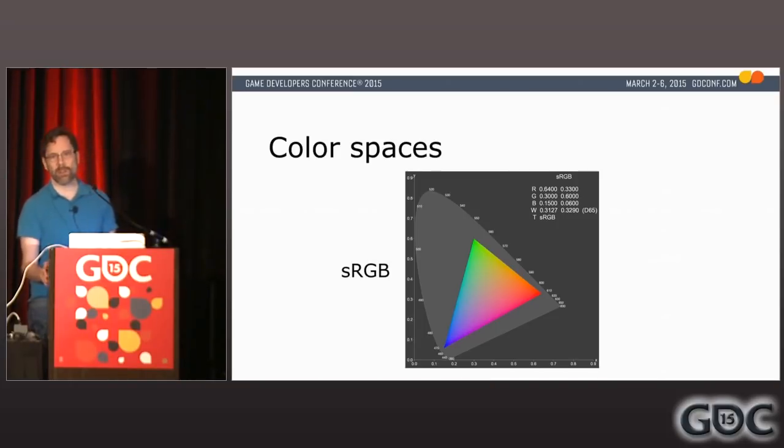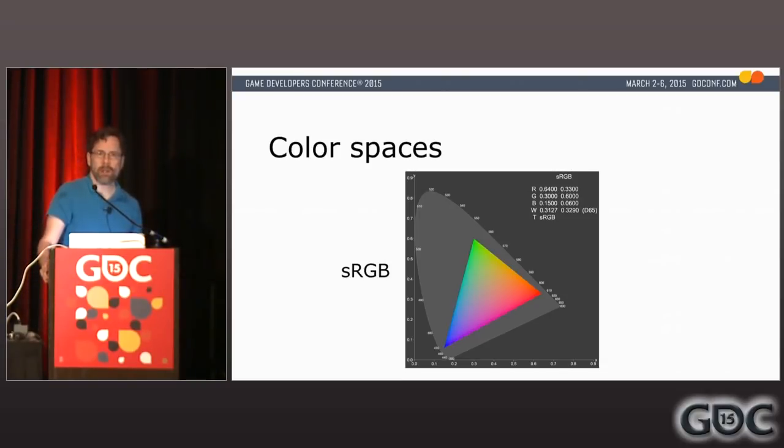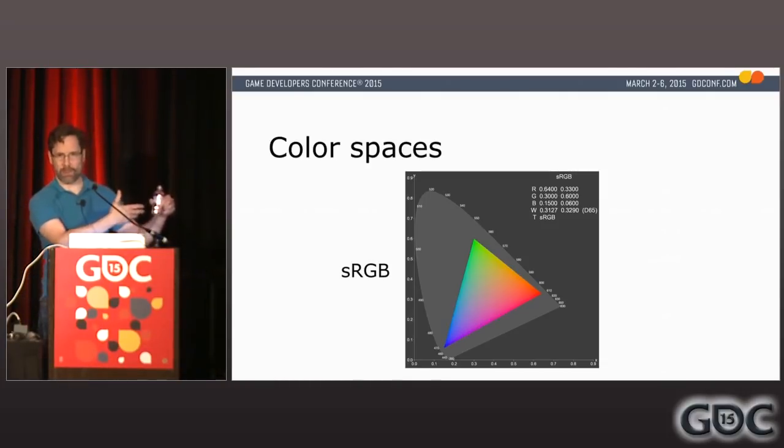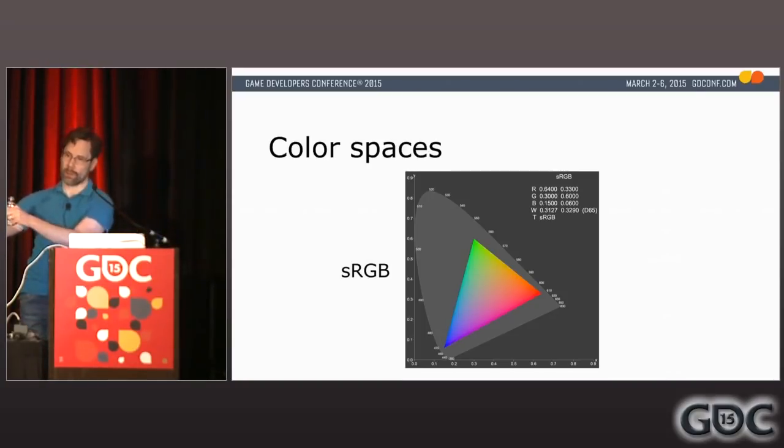A bit of the history of sRGB. It was created by Microsoft and HP back in the 90s. The situation was that there were a lot of different standards out there, and every image would store its color profile along with it, so that when you move to another system, you could say, oh, here's the color profile you're working in, I have a different color profile, I need to do some kind of translation.